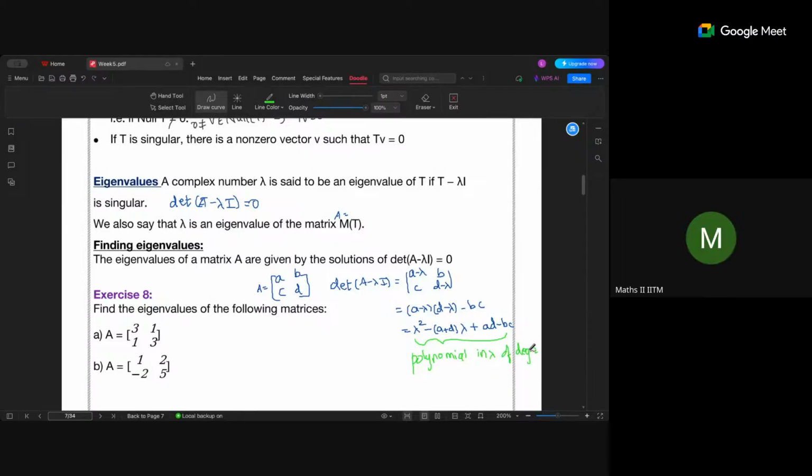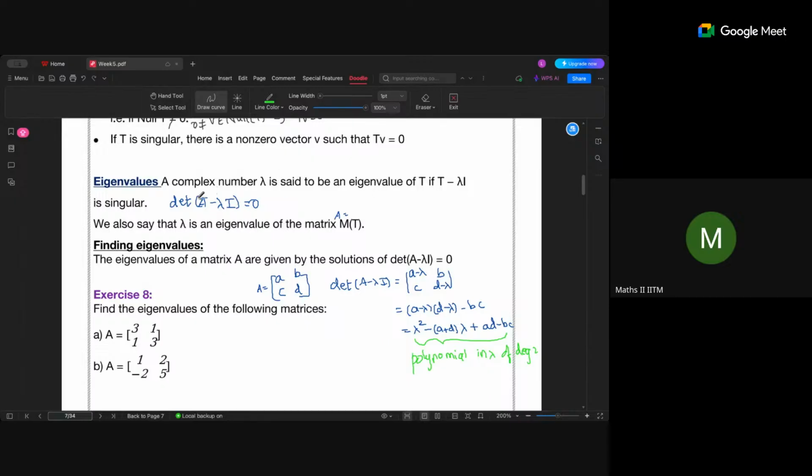Regarding polynomials, what do you know about the solutions of polynomials? Are they always real numbers? No, ma'am. It can be complex depending on the discriminant being positive or negative, right? That is why, see, what are these eigenvalues?